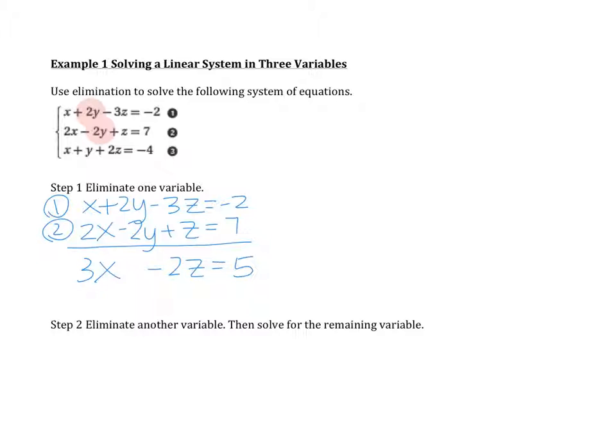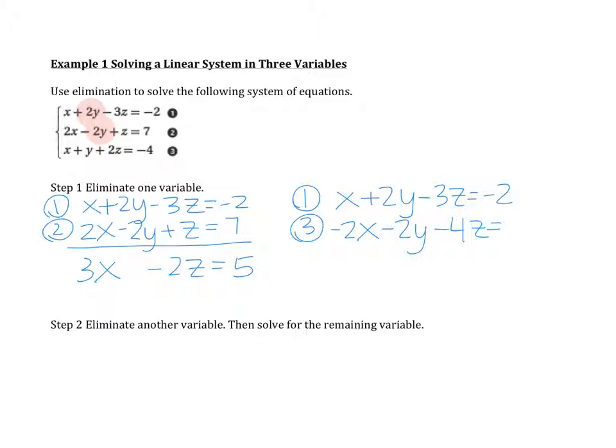So I'm going to choose 1 and 3, and I need to do the same thing. I need to eliminate the y's. So I'm going to leave the first one as is, and I need to multiply the third one by -2. And then I can add those.